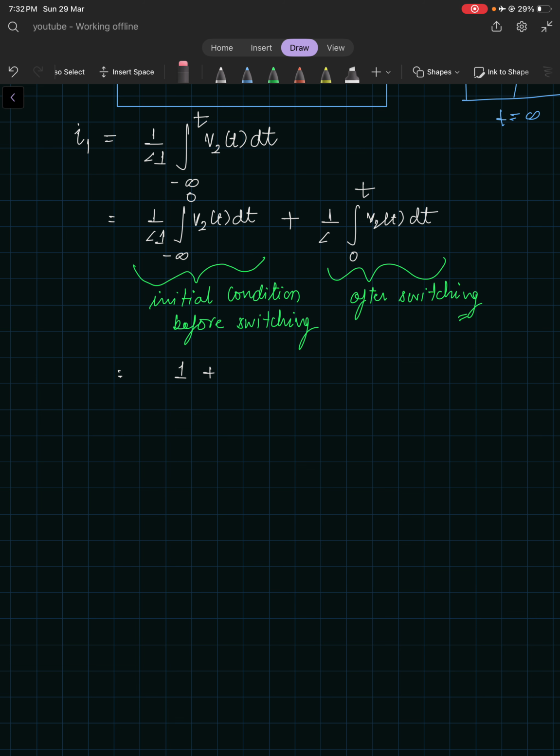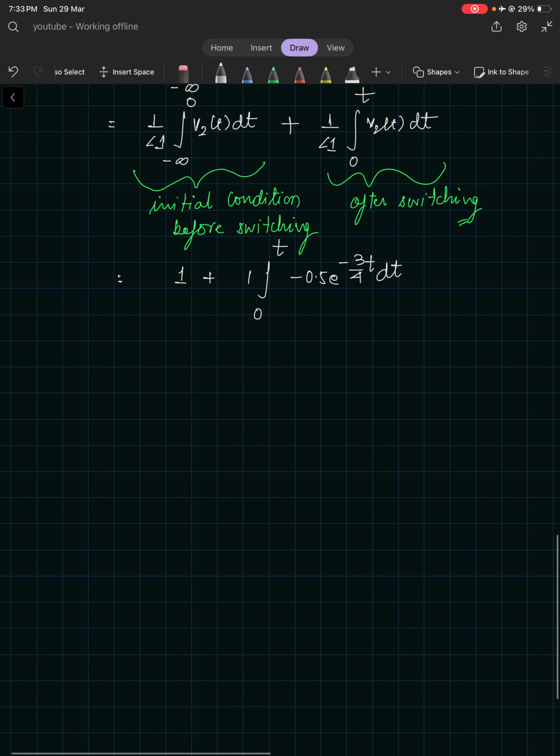Wait, this is L1, I'm writing for L1. And L1 was 1 henry. So this will become 1, plus the integral from 0 to t of minus 0.5 e to the power minus 3 by 4 t dt.